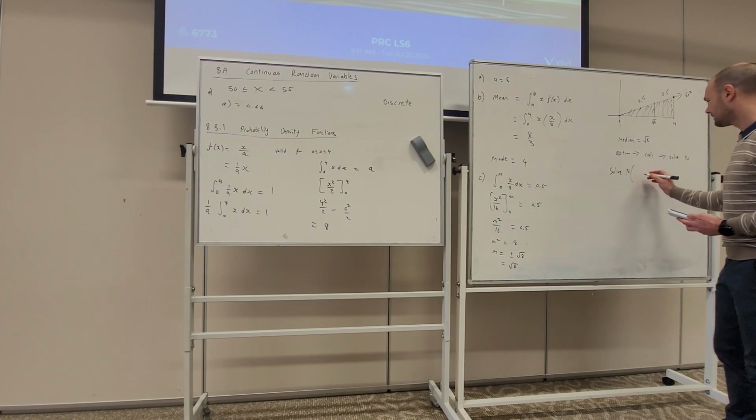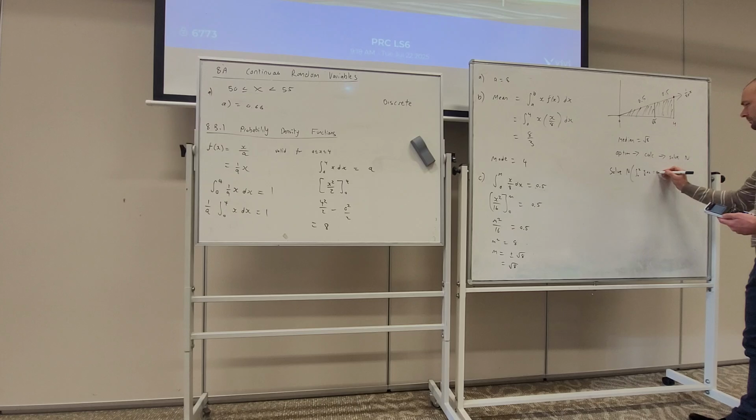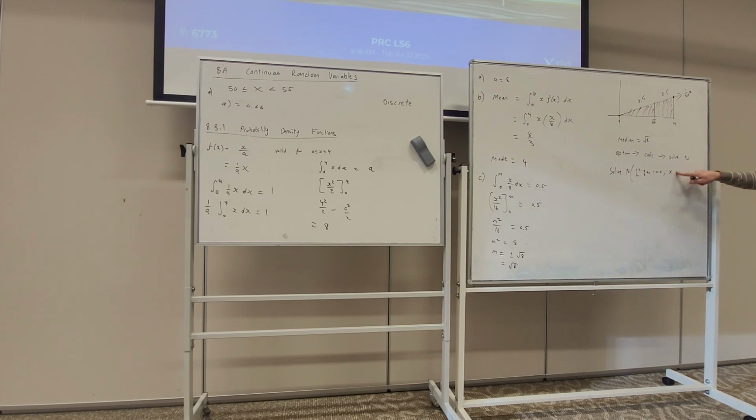So we solve n, we have our equation. Okay, we're solving for x, so we always must put the variable there, and then we're interested in the domain between 0 and 4. Okay, between 0 and 4, because that's the domain over which the probability density distribution is valid.